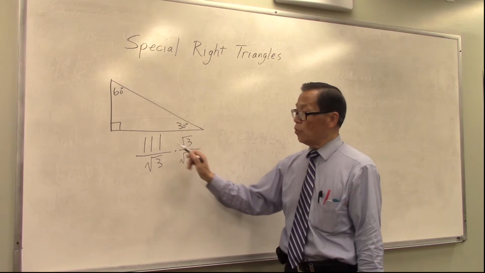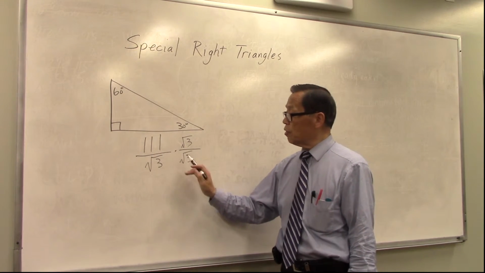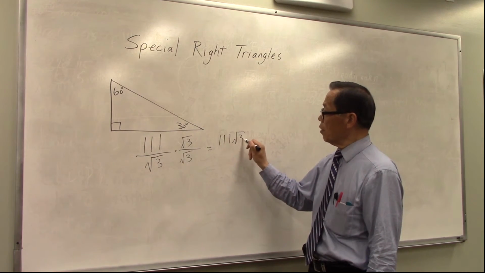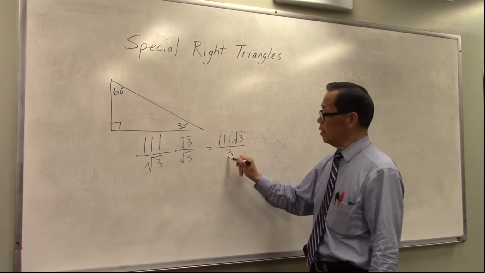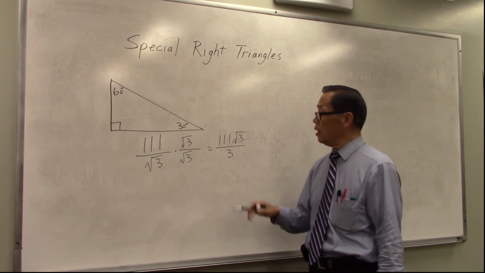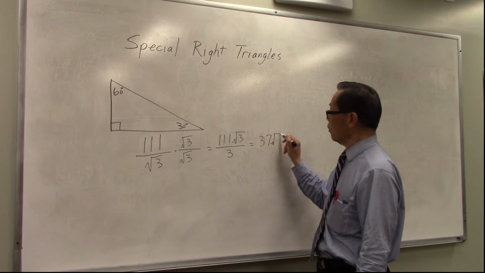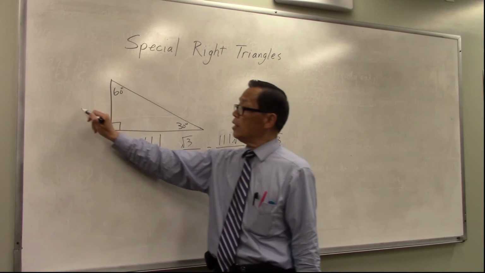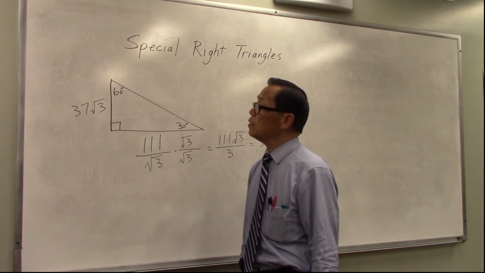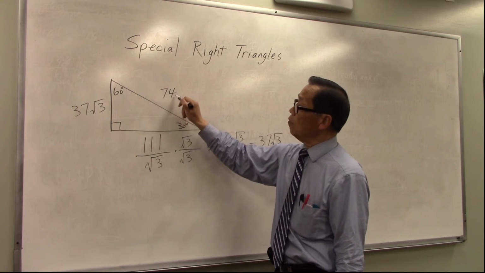This is a 1, so when you multiply, it's equivalent. Radical 3 times radical 3 is 3. So this will give you 111 radical 3 over 3. And of course, we know 111 is divisible by 3, and so the answer is 37 radical 3. So that's the answer, 37 radical 3. And of course, the hypotenuse will be 74 radical 3.